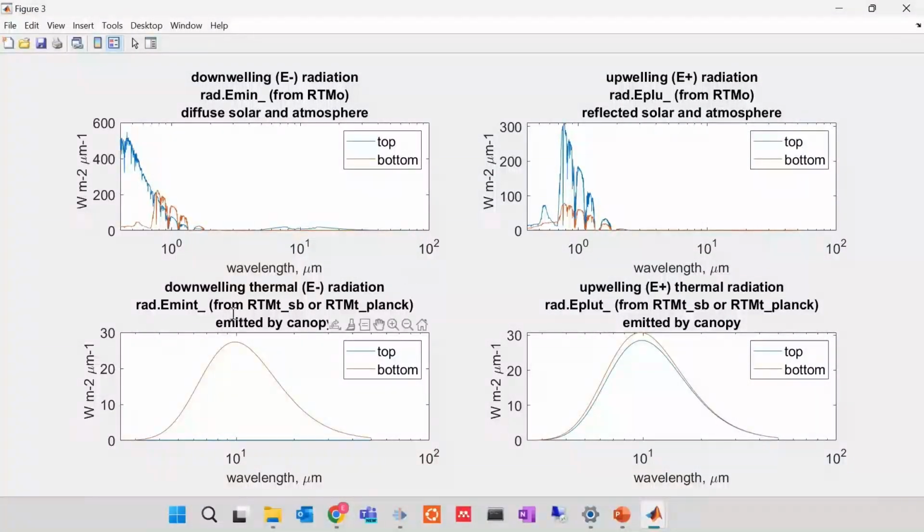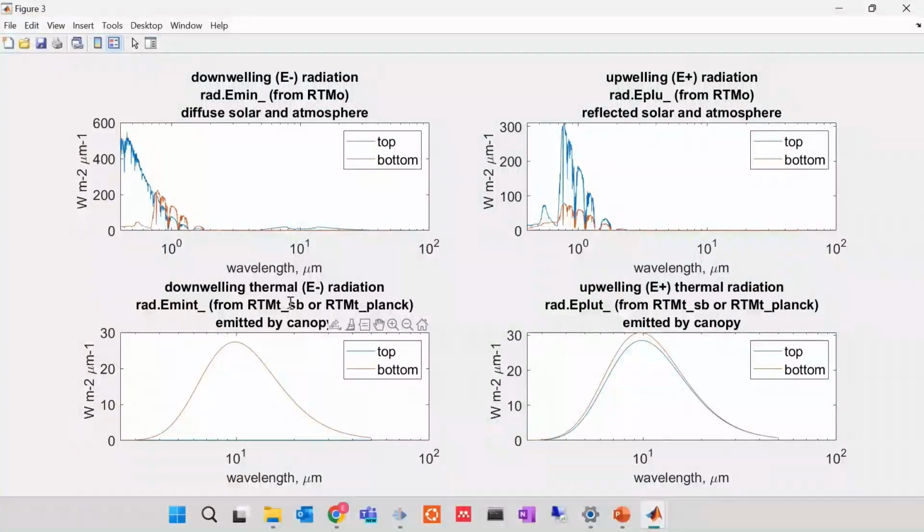In addition to that, we have thermal radiation, thermal emitted radiation, that also goes down, but at top, nothing enters the canopy from the top, because we only talk about emitted radiation by canopy, but by the bottom, we reach around 30 microwatts per square meter per micrometer at the wavelength of 10 micrometers.